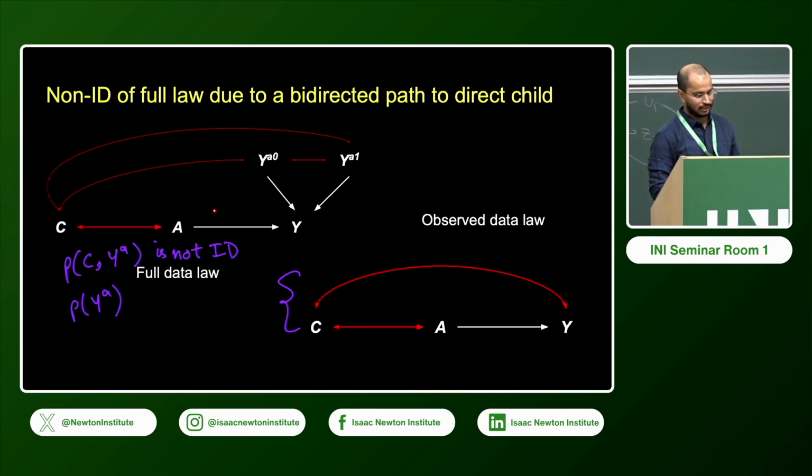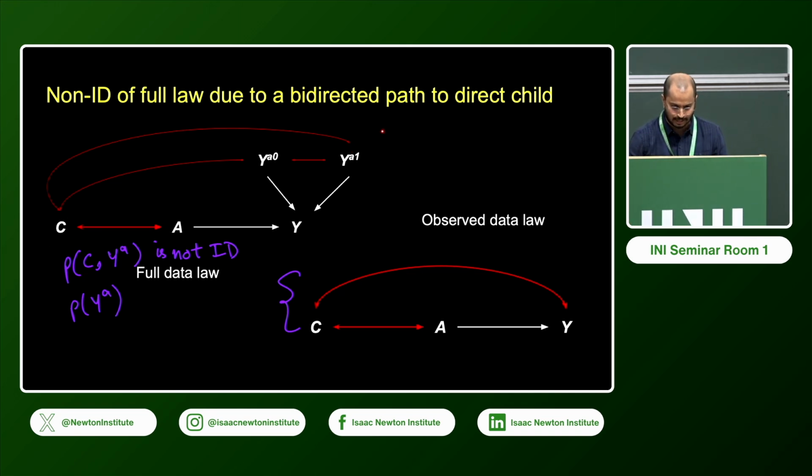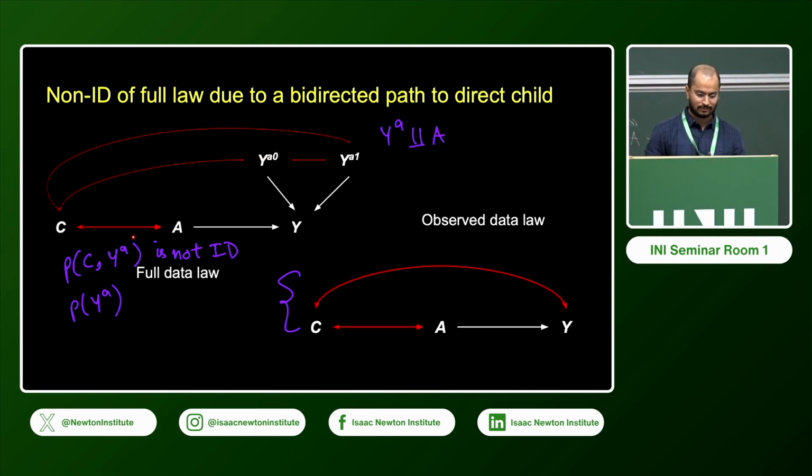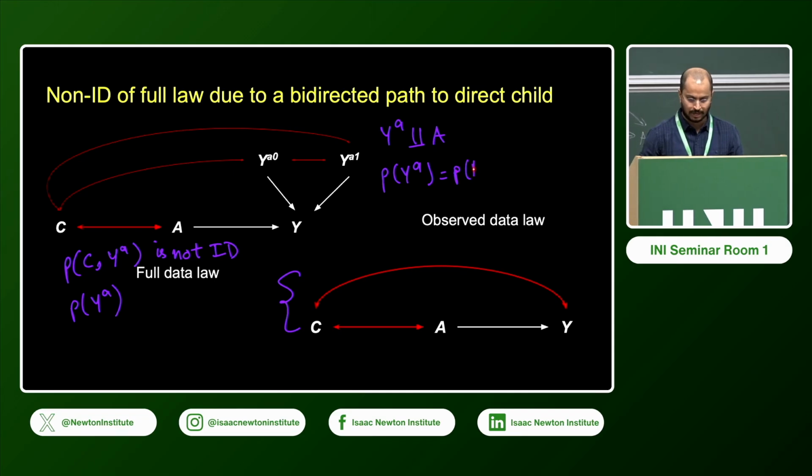And the reason you get the margin is because these are all bidirected edges. So you can actually see that Y^A is marginally independent of A. So I just have a bidirected path to C, to A, and so I just have a marginal independence between these two. Okay. And because I have that, I can say that P of Y^A is just equal to P of Y given A equals a.